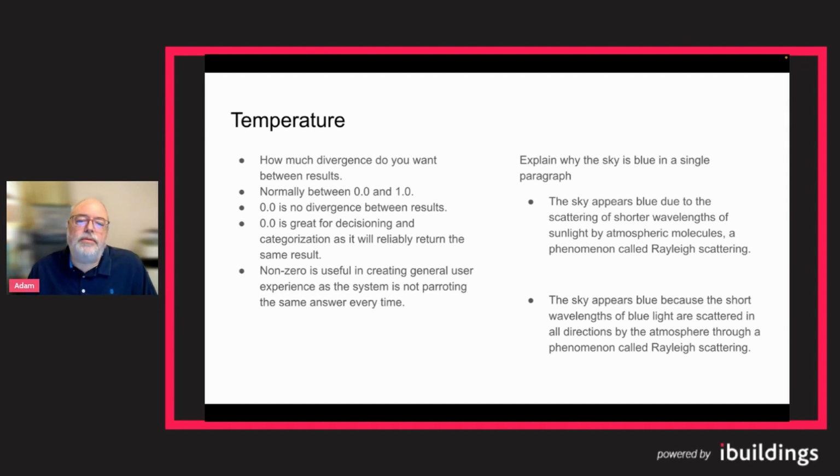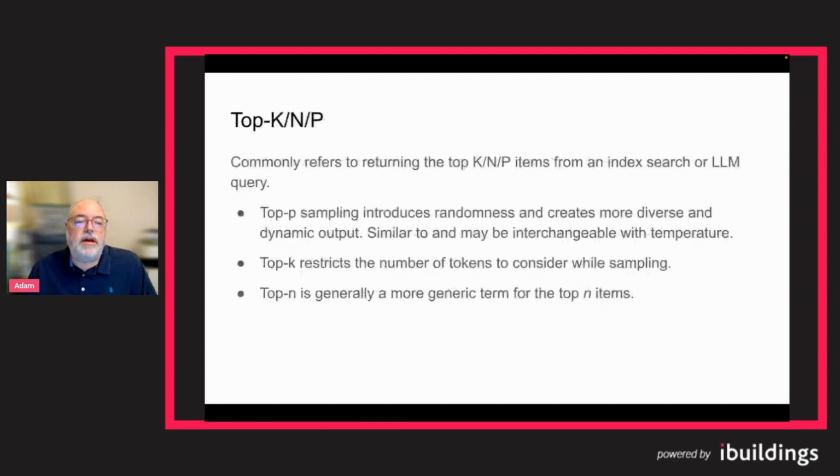So temperature is actually a combination of 2 other things, which is top K and top P. In configuring LLMs, when you send a request, sometimes it'll have temperature, sometimes it'll have top P and top K. Top P is the randomness in the response, and what words it's going to use.